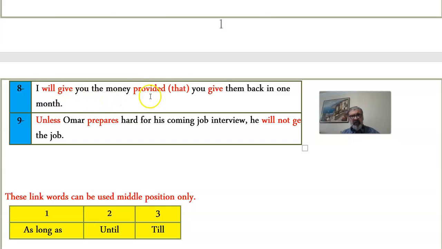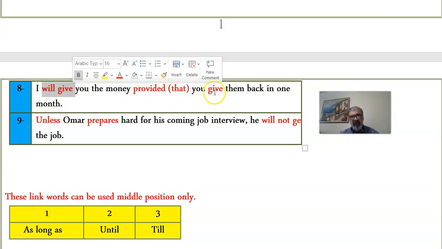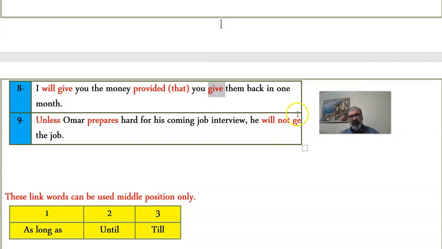Okay, I'll give you the money provided that you give them back in 1 month. Again, provided that is used in middle position. So here we started with the future simple first and then the present simple. And now the last one, unless Omar prepares hard, unless it's followed by the present simple and then the future simple.